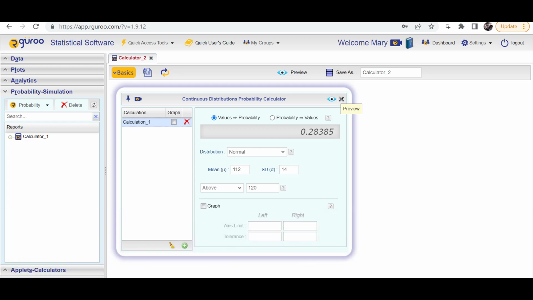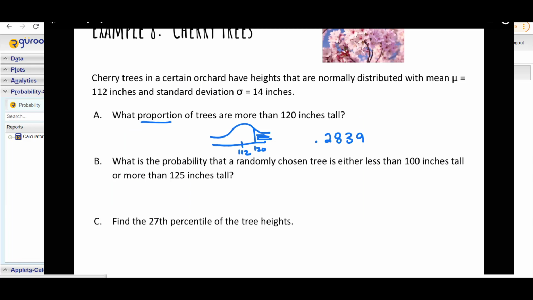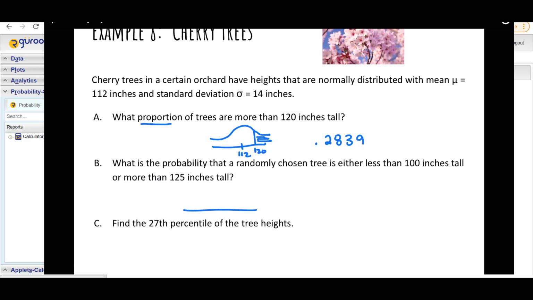And then the next question says, what's the probability that a chosen tree is either less than 100 or more than 125? Oh, I do like this one because this one is actually pretty different. It says less than 100 or more than 125. So we're actually looking at those outside values there.